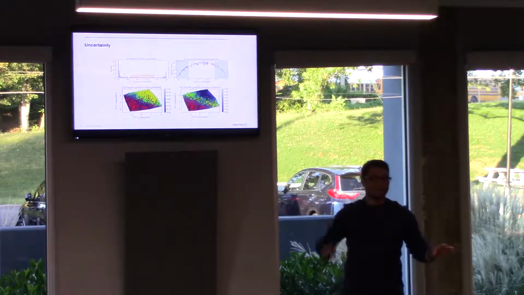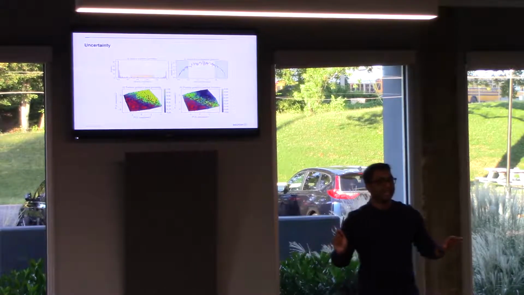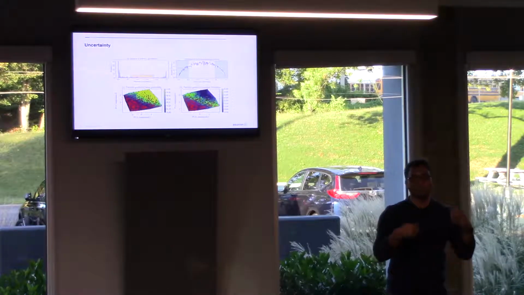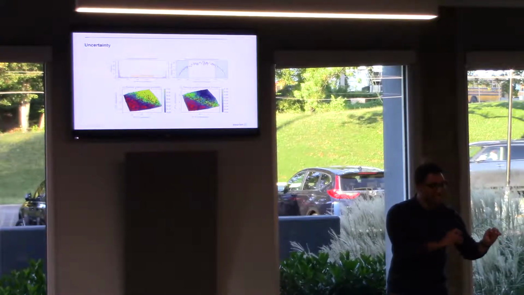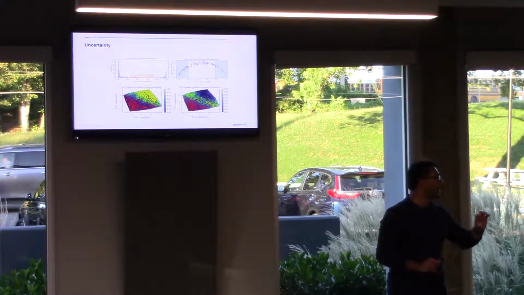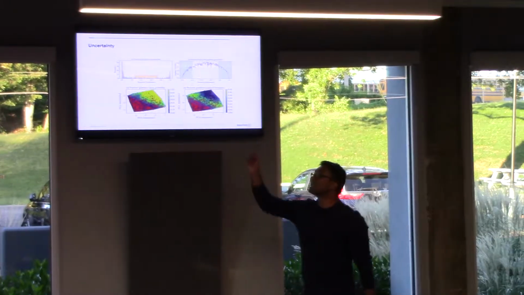But a Bayesian neural network would tell you, oh, okay, I have never seen this type of data in my training data. That's why I give a very high uncertainty score. Right? So that's the beauty of this.